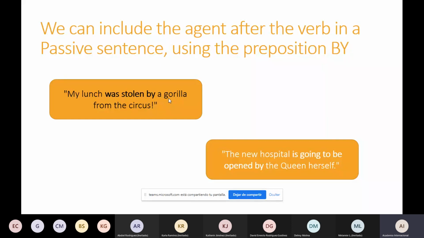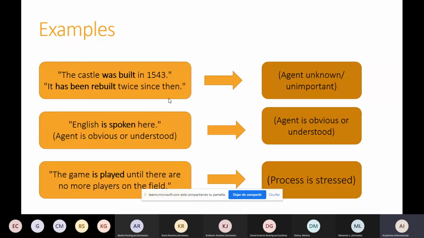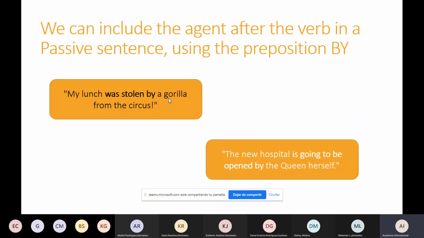Y esta puede ir, en forma pasiva, sin mencionar un agente, o sea, el hacedor, o puede ir incluida con quien hace la acción. Solo que agregamos by en este caso para mencionar quién fue el que realizó o quién es el que realiza la acción. Ambas son passive voice, solo que una con agente y otra sin agente.